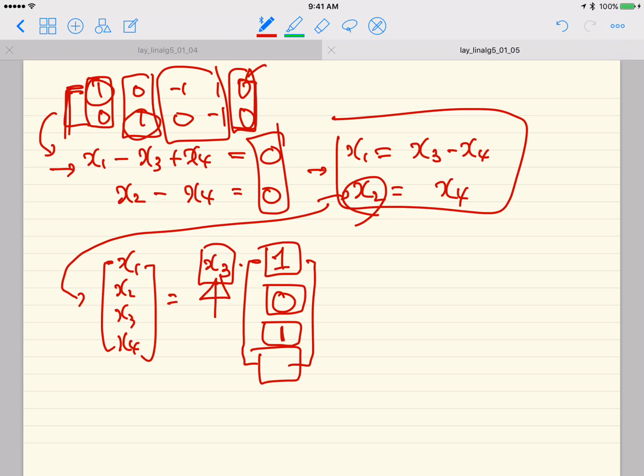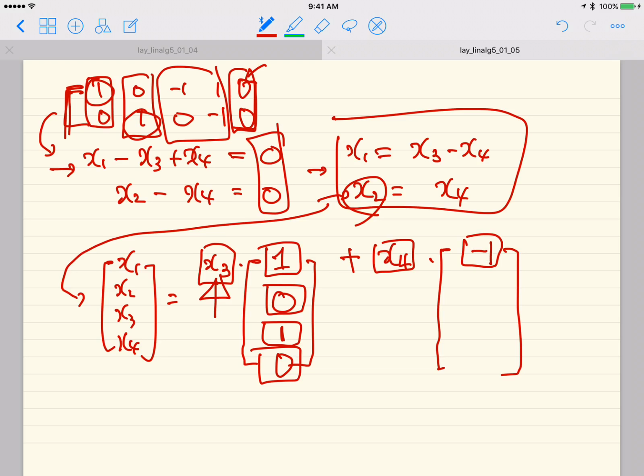x4 is another free variable, and we don't have something like x4 equals something, right? So we don't have such a thing, so it should be 0. And then it's not the end. We have a second free variable, x4, and we do the same thing. So what should the value be here?